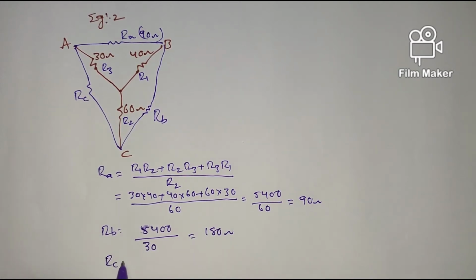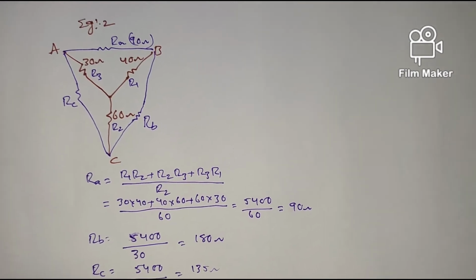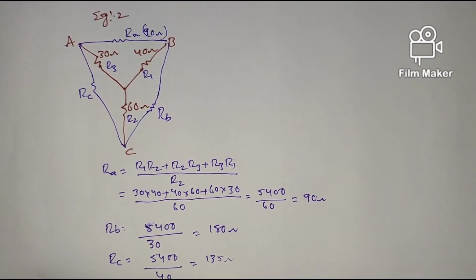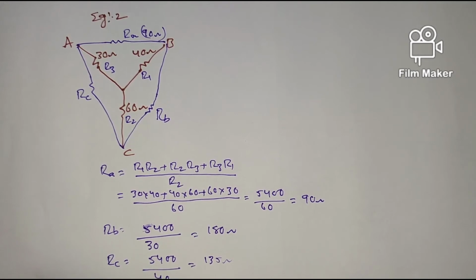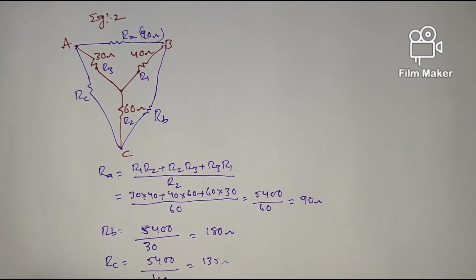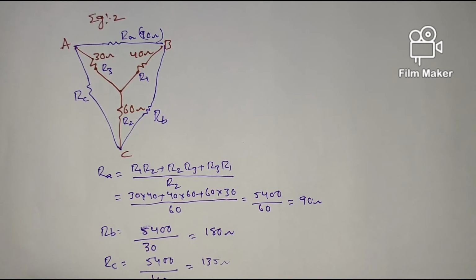Similarly, RC is equal to the same numerator divided by 40, that is equal to 135 ohms. Once we calculate the delta connected resistances RA, RB and RC, we can remove the star configuration and replace it by the delta.